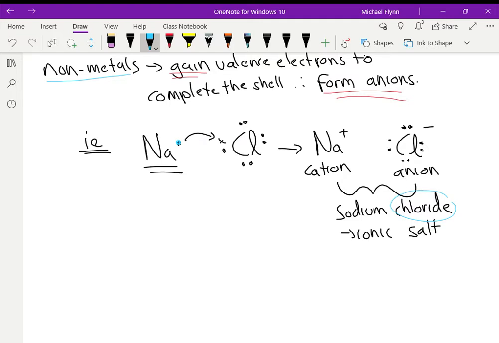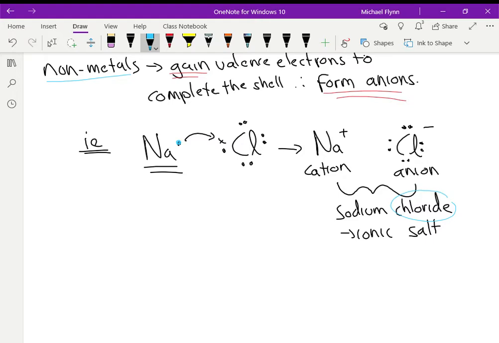Chlorine would like one more valence electron to complete its full octet, whereas sodium would like to get rid of it and expose the empty shell underneath. Atoms are more stable when they have a full outer shell exposed. Sodium does that by getting rid of an electron. That's what makes it a metal. Chlorine does that by gaining an electron, and that's what makes it a nonmetal and a halogen.